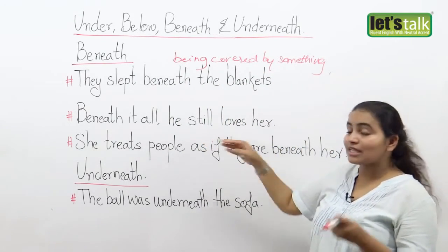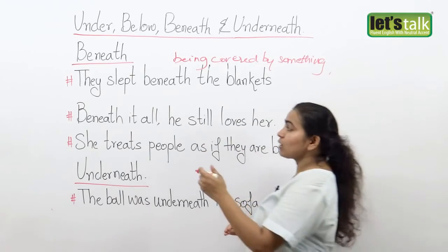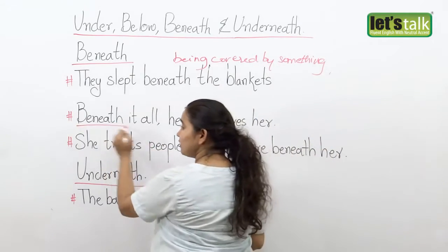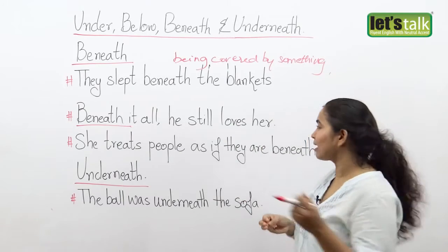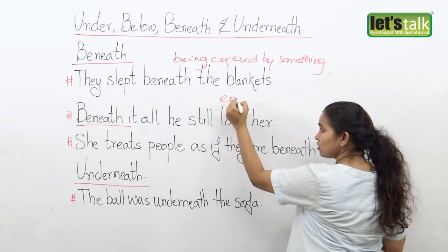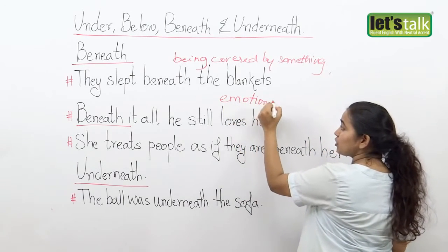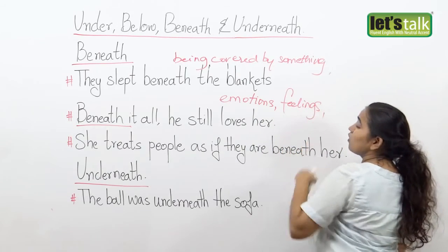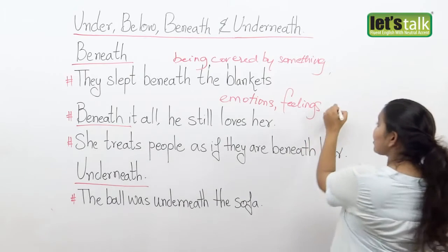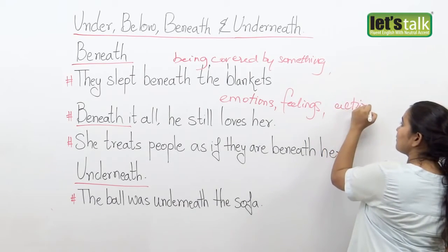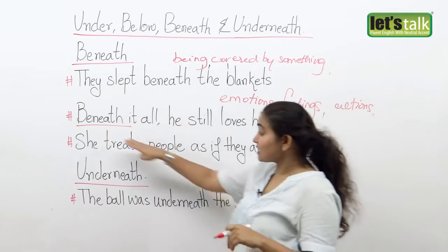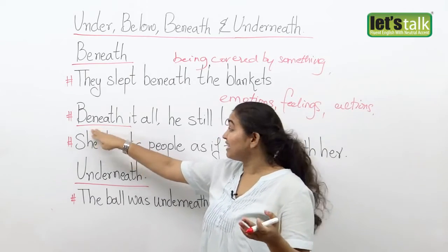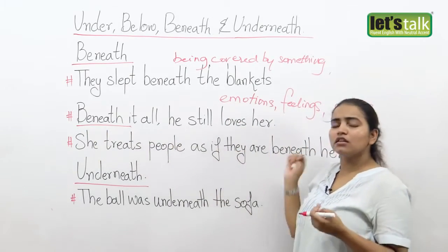Moving on to the next context, we talk about using the word beneath when we are talking about a person's emotions, a person's feelings, or maybe their actions. So a sentence like this which goes, beneath it all, he still loves her.